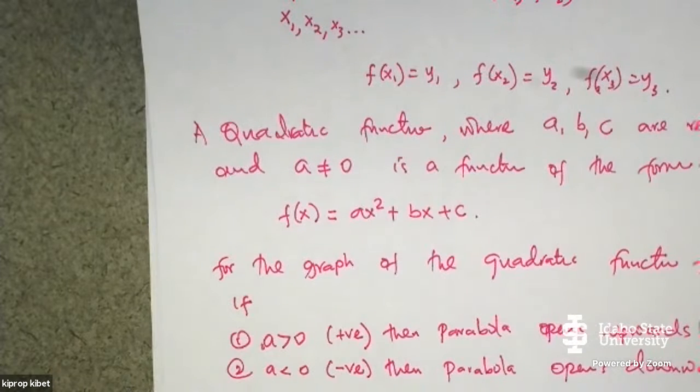So that is the first step of sketching or drawing the graph of this function. One of the things you need to do is identify the kind of graph that you have. If it is minus, it opens downwards. If it is plus, then it should be opening upwards.